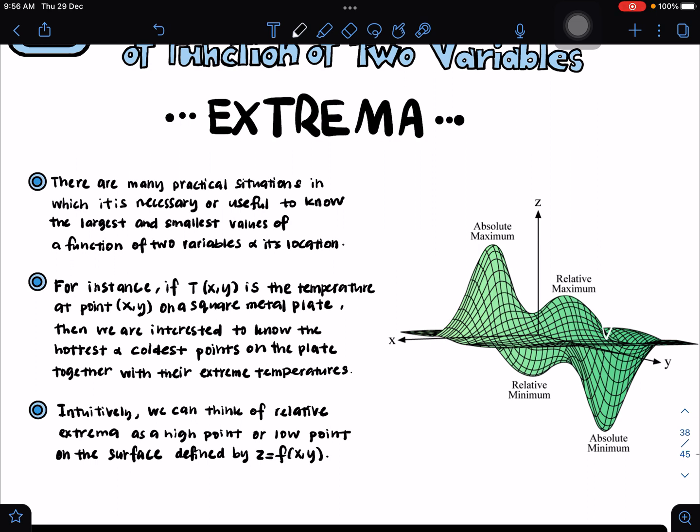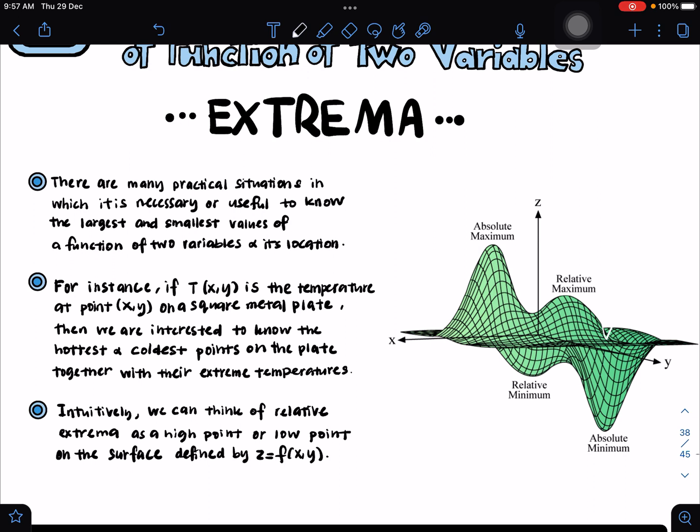So for instance, if T(x,y) is the temperature at point (x,y). For example, kalau T(x,y) ni adalah function yang mewakili temperature pada point x and y on a square metal plate, di atas satu kepingan besi berbentuk empat segi. Then we are interested to know the hottest and coldest point on the plate together with their extreme temperature.